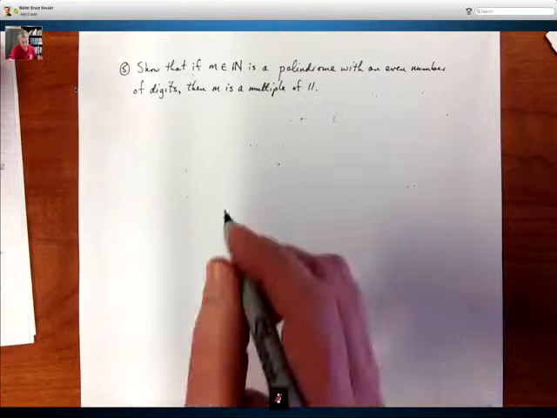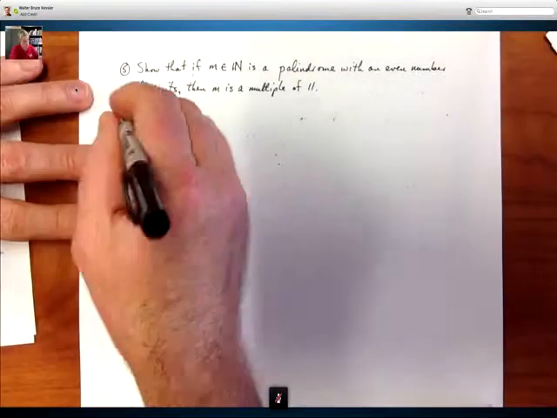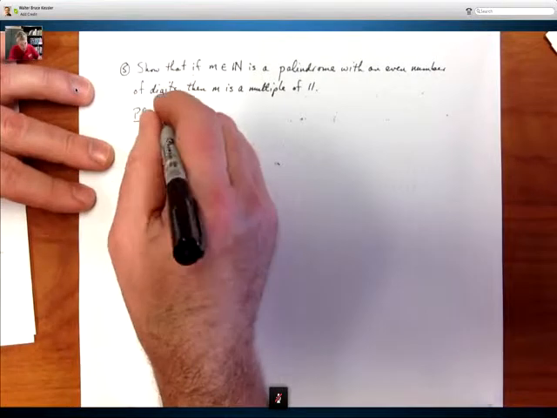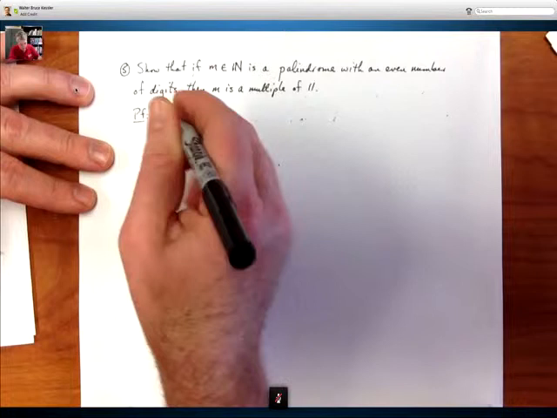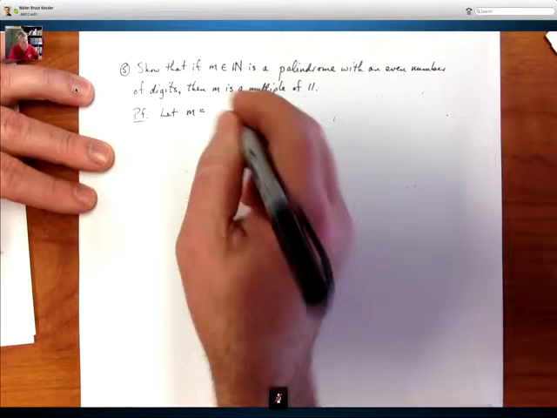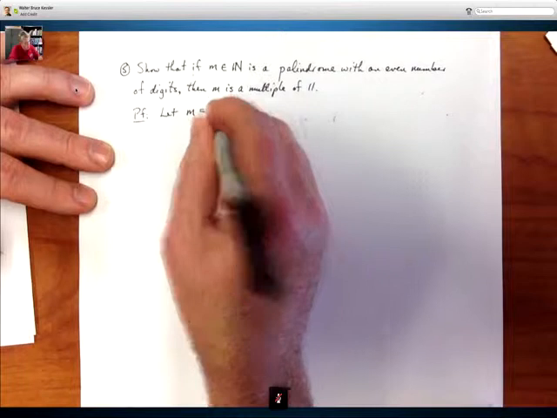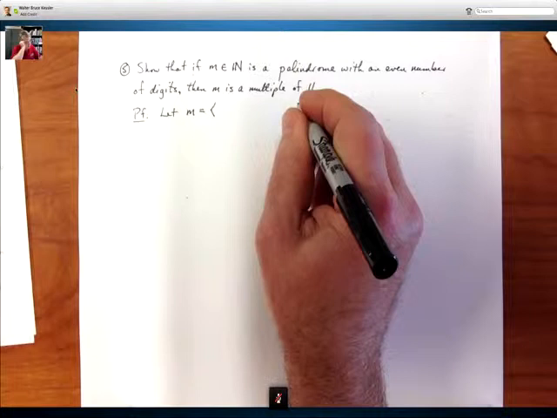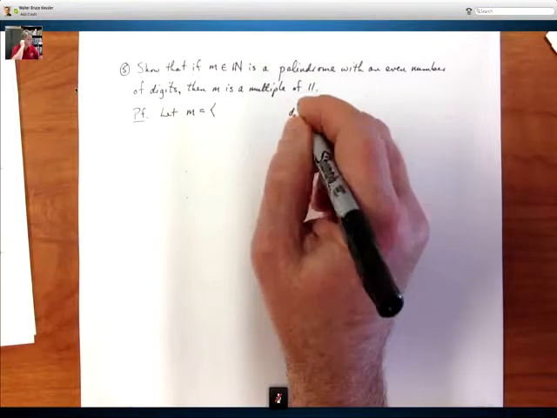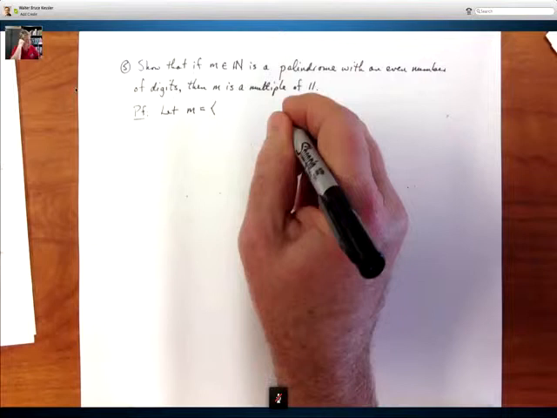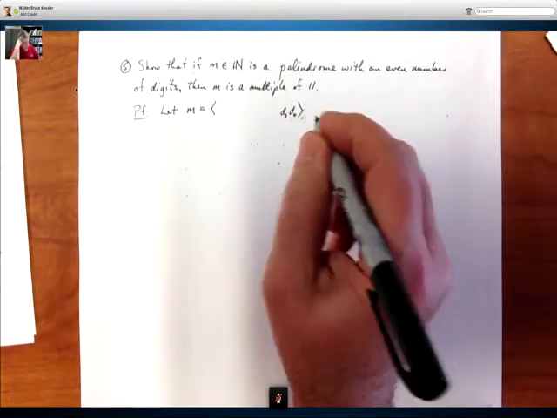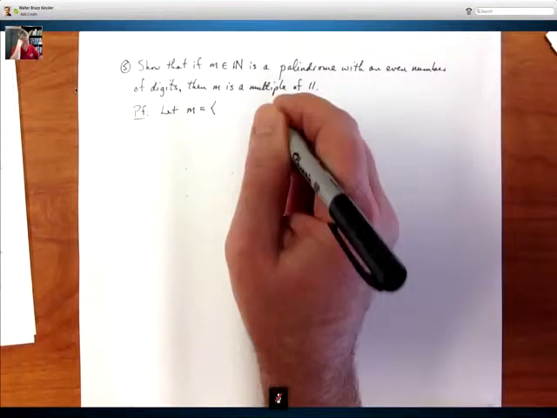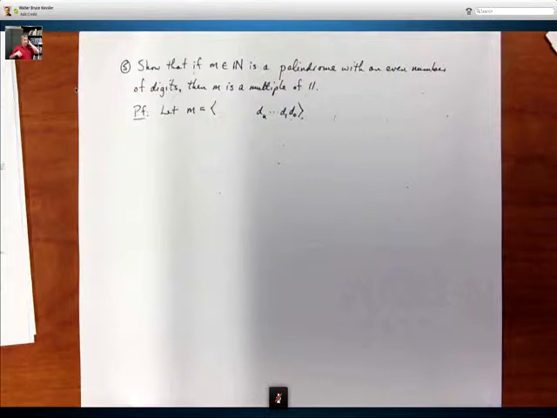Okay. So what I would do is something like this. Let's actually write this number m out. Let m have the form. So here's what typically happens. You got your d sub 0, digit 0 that goes in the 10 to the 0 place, and then digit 1, dot, dot, dot, and you get out here to the 10 to the kth location.